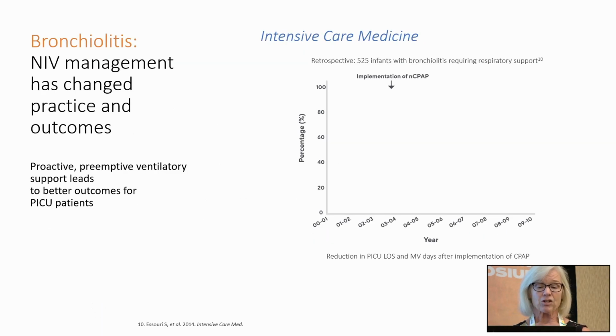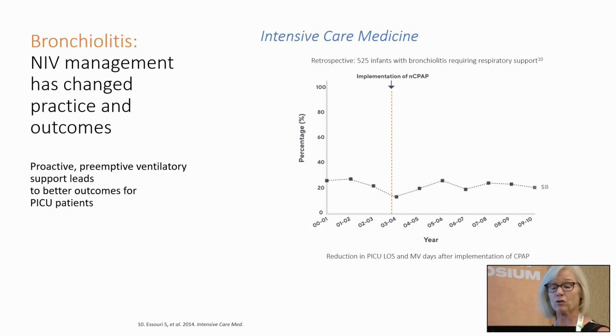A lot of patients with bronchiolitis back in the early 2000s were admitted and they were intubated immediately. In fact, in this patient group, all of the patients who were first admitted on mechanical ventilation were admitted intubated. And right around 2003, 2004 is when the use of CPAP started becoming more popular and used more broadly.